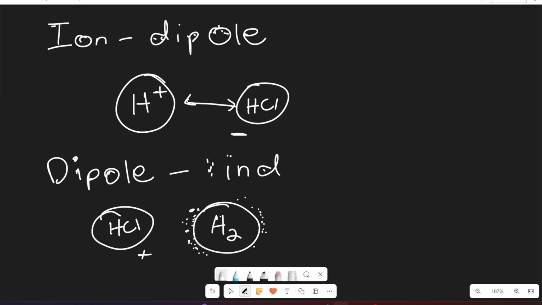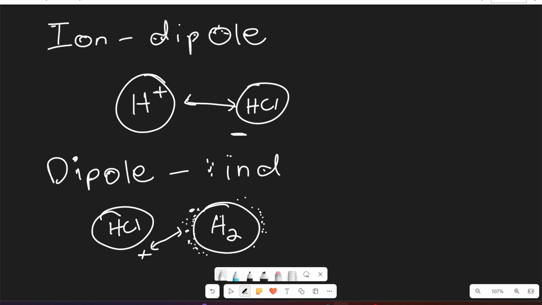Let's say the electron cloud gets pulled over to the left side of the H2 molecule. Now you have these electrons with an attractive force with the partial positive side of the HCl. So essentially the partial positive side of the HCl is pulling the electron cloud of the H2 to that side so that there can be an attractive force in between there. So that's the last of the IMFs.